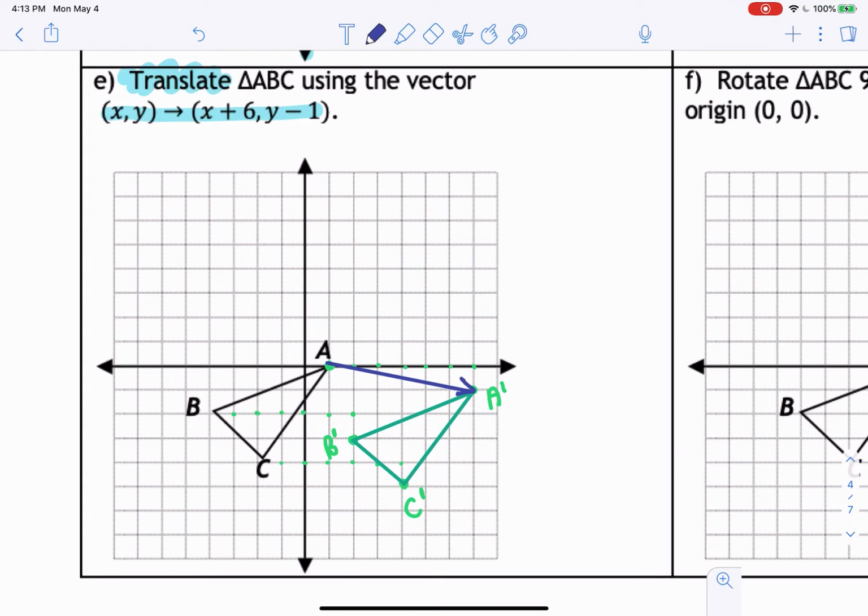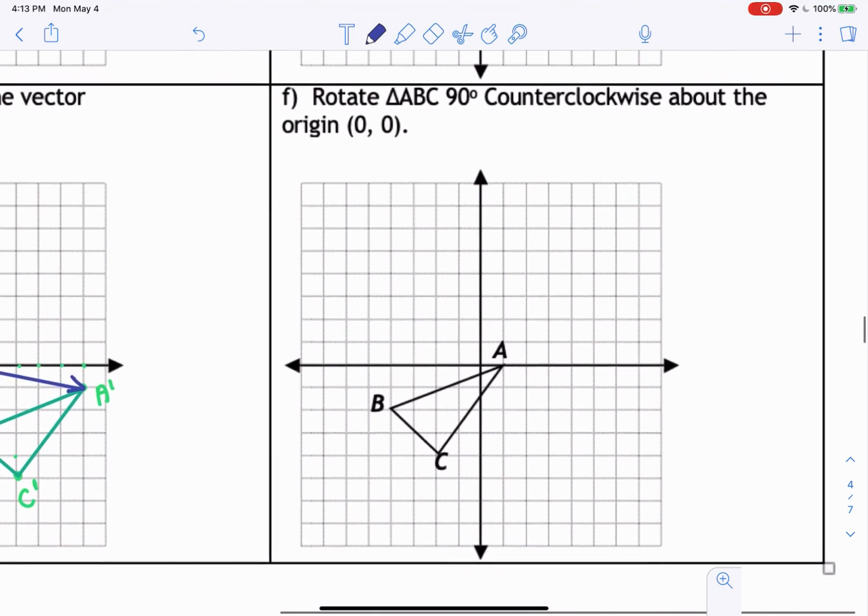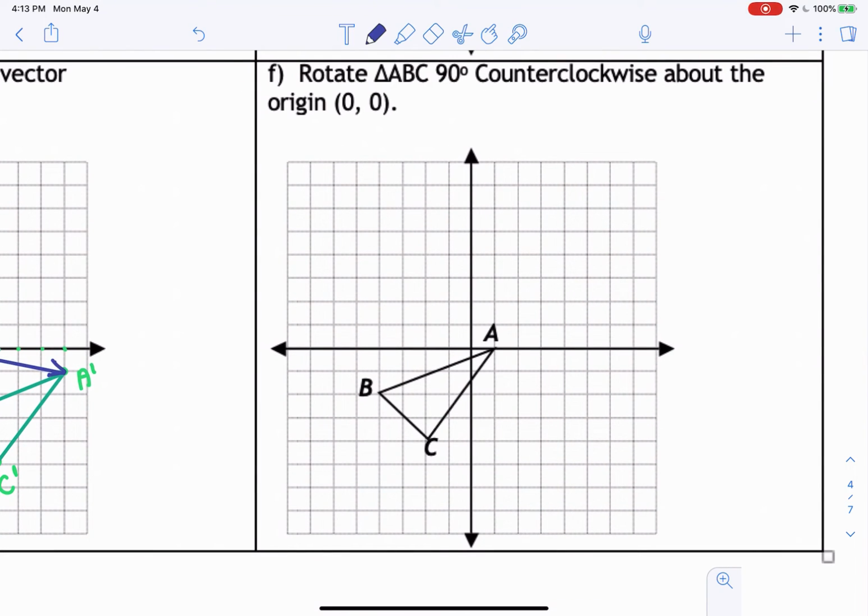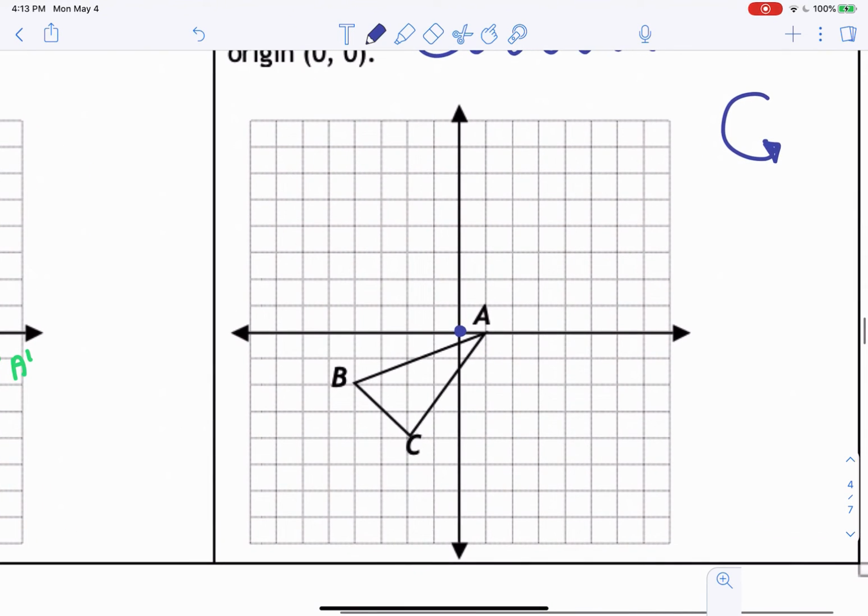Last example is going to be a rotation on the coordinate plane. So rotate ABC 90 degrees counterclockwise. So remember that counterclockwise is in this direction, about the origin 0, 0. So here's the origin. We're going to be rotating counterclockwise, which is in this direction.